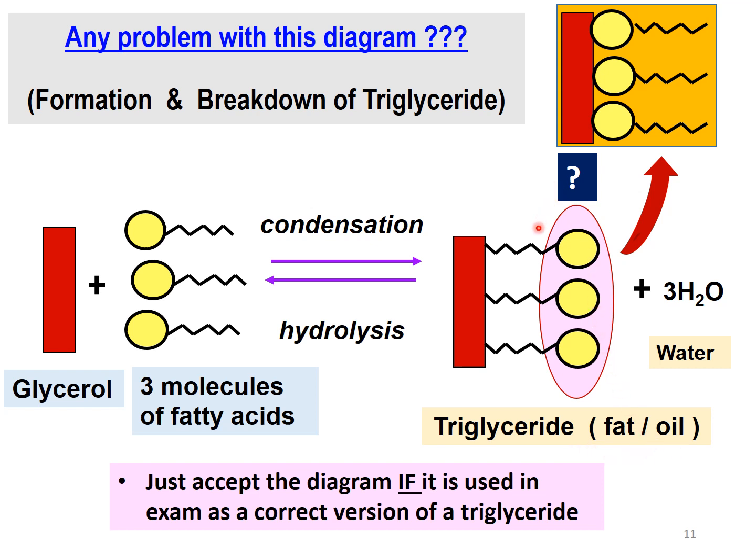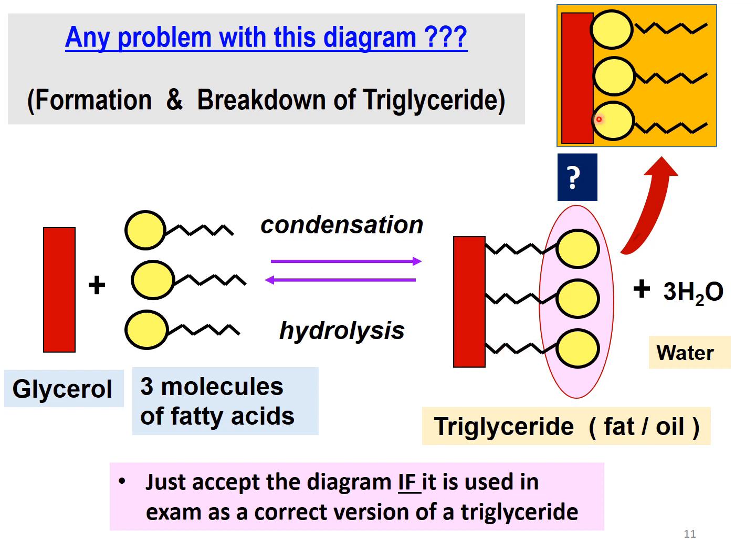Now, in the triglyceride, can you see that the carboxyl group or the acid part of the fatty acid is not combined with the glycerol? In fact, it is the hydrocarbon chain that's combined with the alcohol, which is not really accurate.